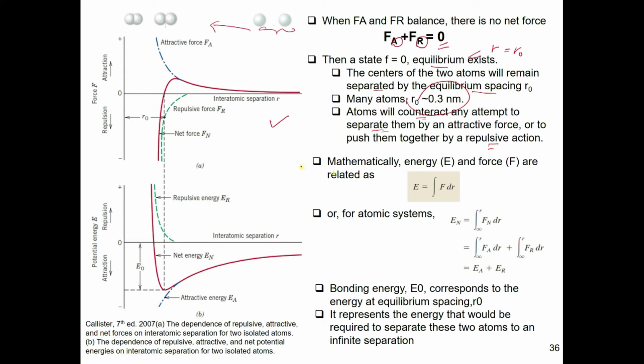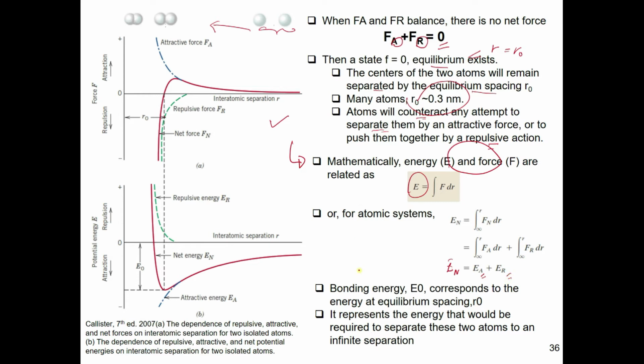In some cases, it is more convenient to explain in terms of energy and forces. Energy is a function of work when the atoms approach each other, whether it involves positive or negative work due to the attractive and repulsive forces at a certain distance. So E net can be simplified to be the energy of attraction plus the energy of repulsion.